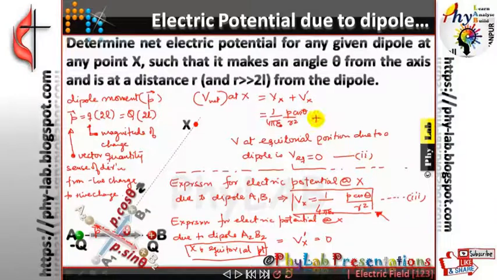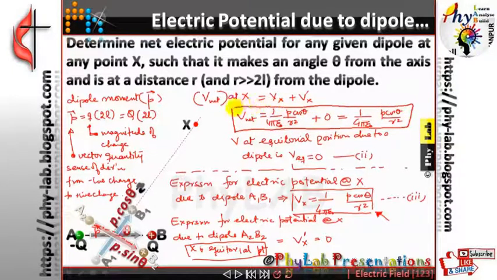And what is V dash x? That is 0. So the net potential at point x comes out to be 1 upon 4 pi epsilon naught P cos theta upon r square. So that is the expression we derived in the previous part also, isn't it?